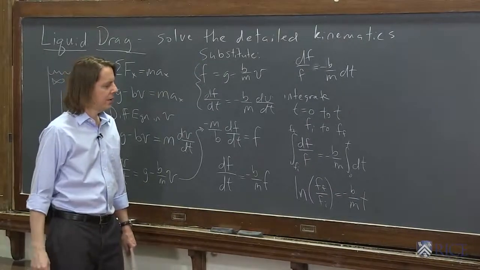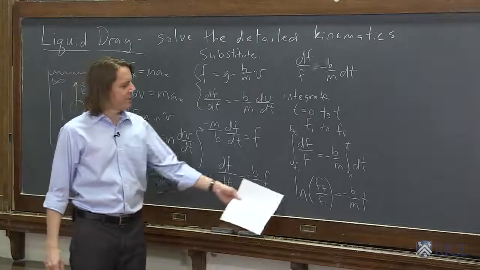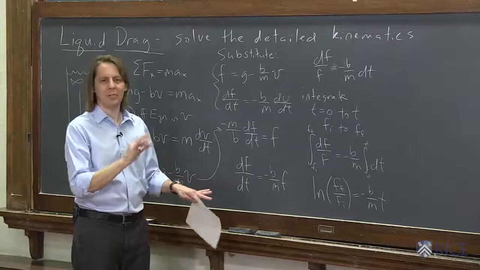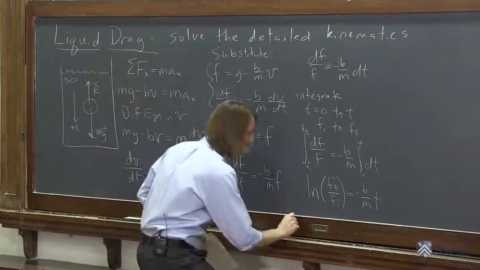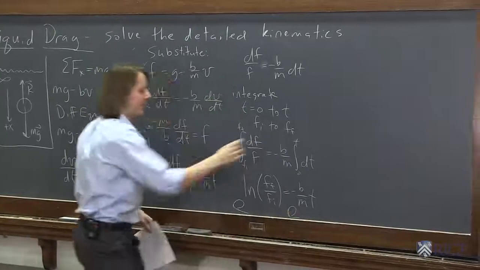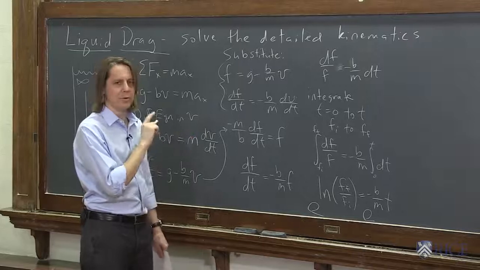So it looks like we're going nowhere, but we are going somewhere. To get rid of the natural log, what we do is take e to the x of both sides. So we say basically e to this equals e to that, because e to the natural log of something equals the something.